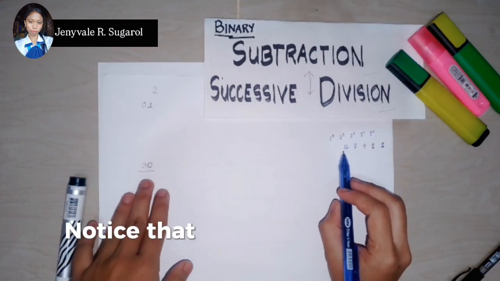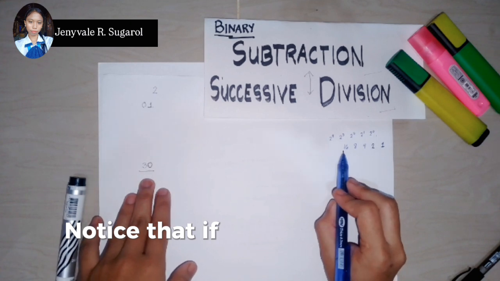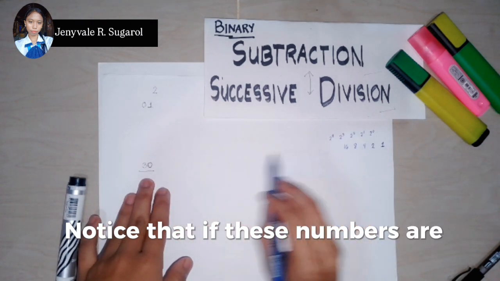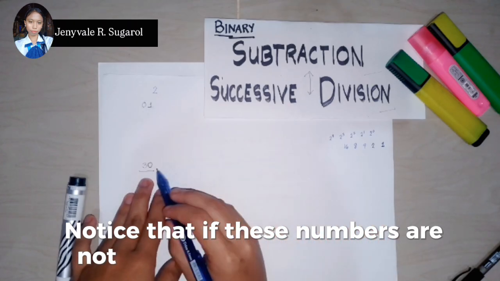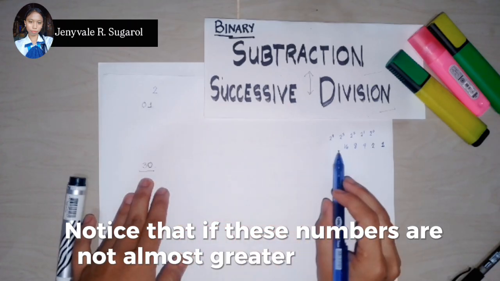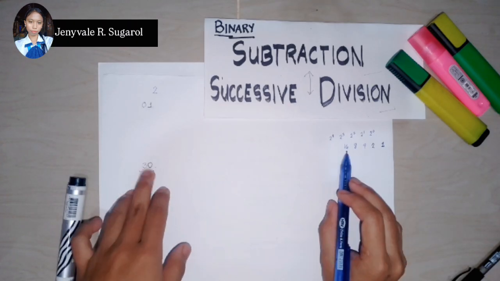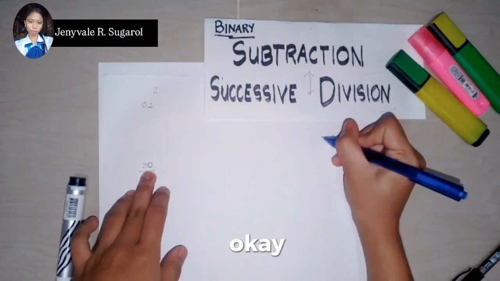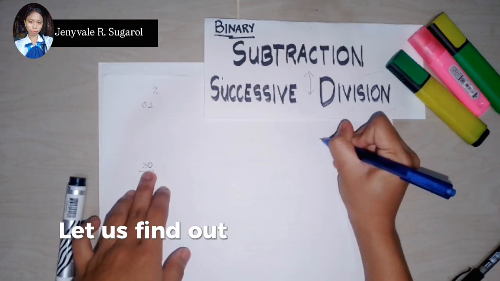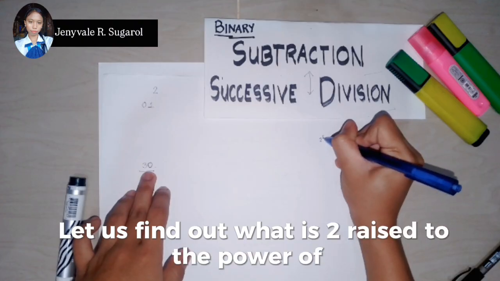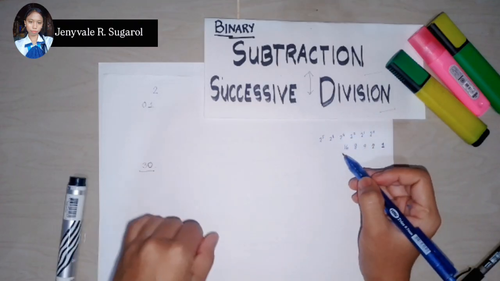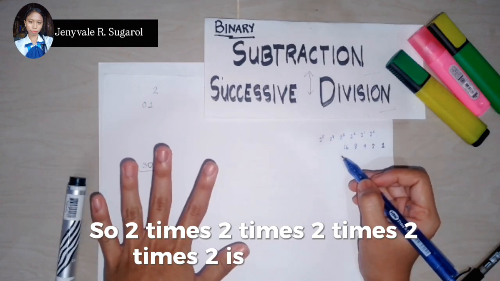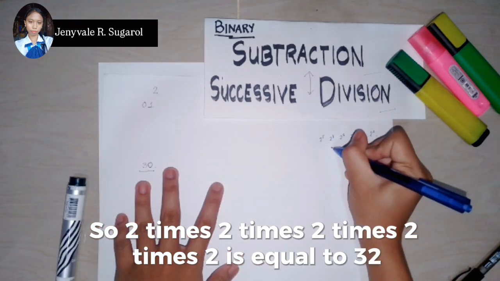Notice that if these numbers are not yet greater than our number, we have to continue. Let us find out what is 2 raised to the power of 5. So 2 times 2 times 2 times 2 times 2 is equal to 32.